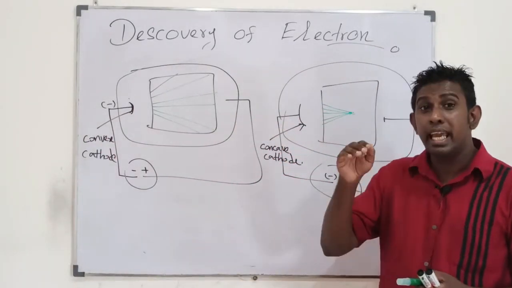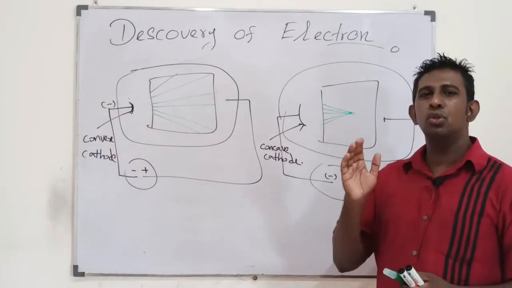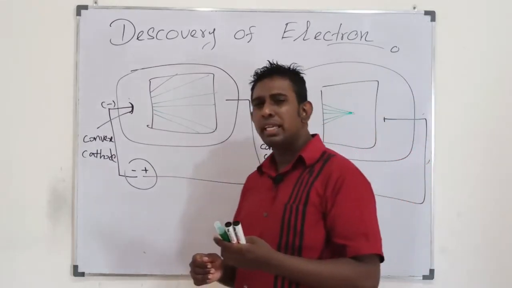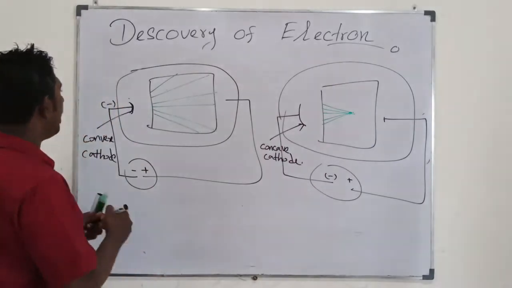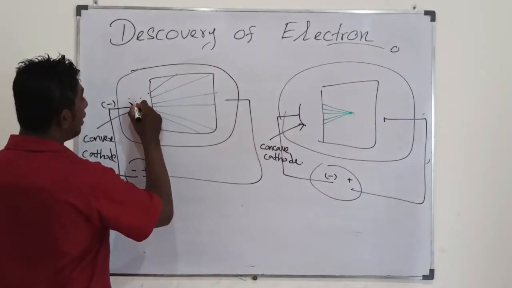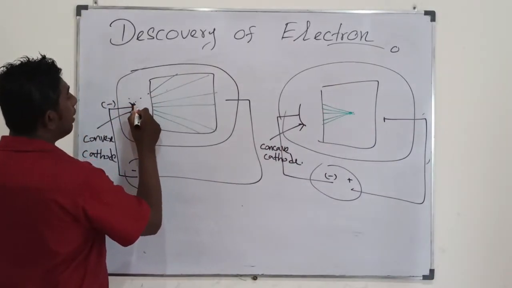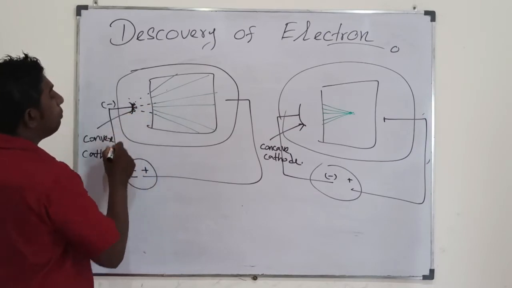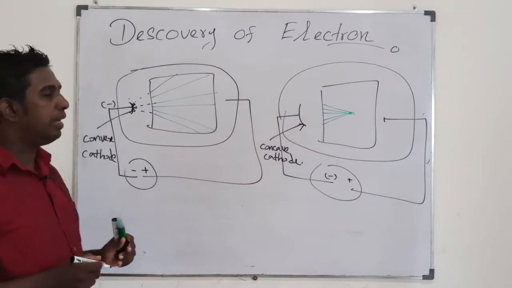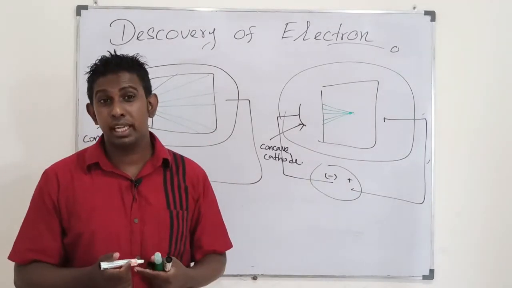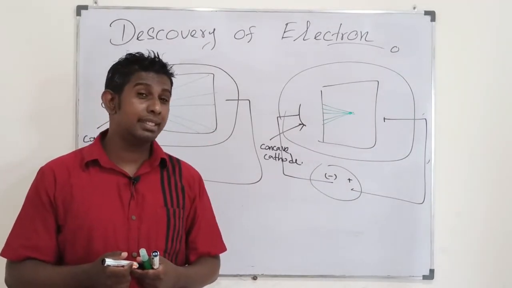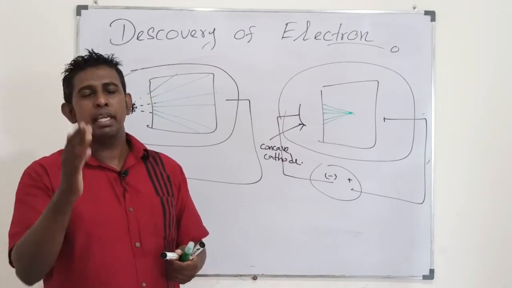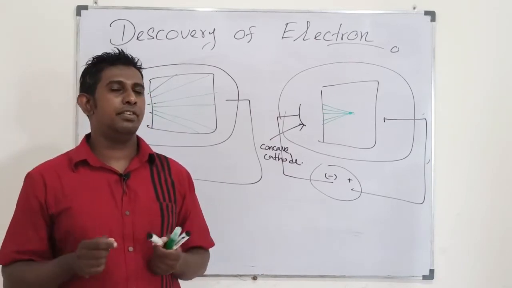Then he came to the conclusion that to do such, those cathode rays need to get emitted all the time perpendicular to the emitting surface. Otherwise, those won't behave like that. Means when you have a convex cathode, those are diverging for the reason that those get emitted perpendicular to the emitting surface.